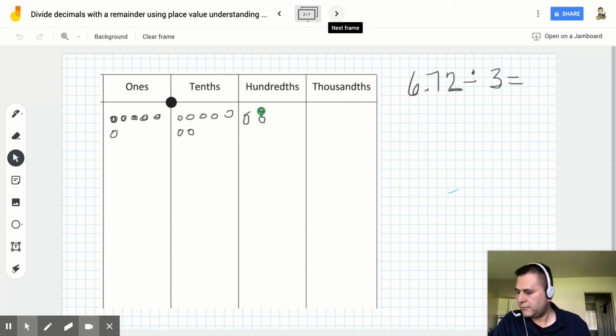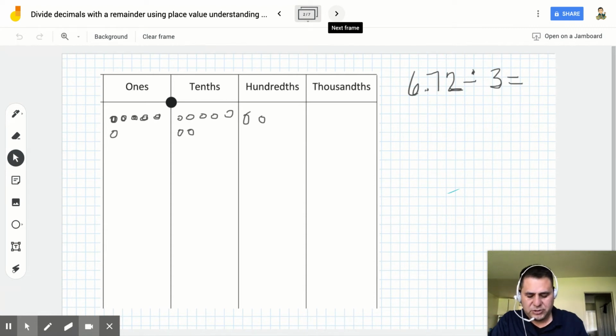Now I am going to take this number and divide it into 3 groups. You can also think about it as dividing money. So let's say you have $6.72 and you're going to divide it between 3 people.